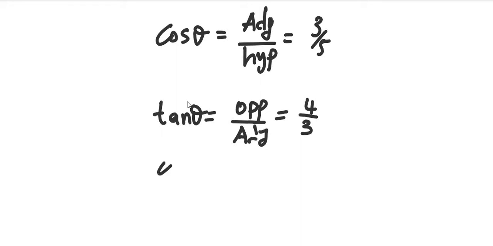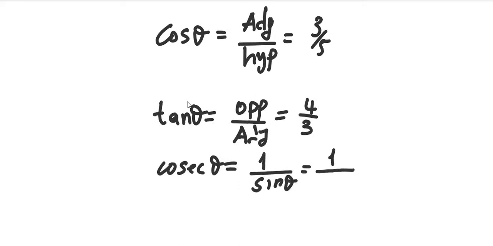And at the end, cosec theta, which is equal to 1 all over sine theta, which is equal to 1 divided by 4 divided by 5.